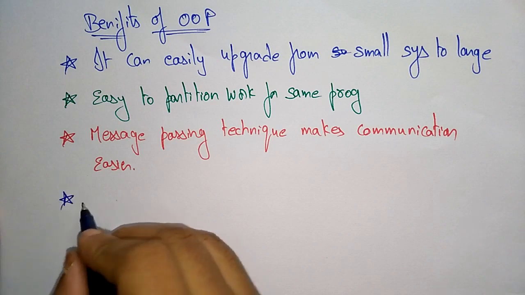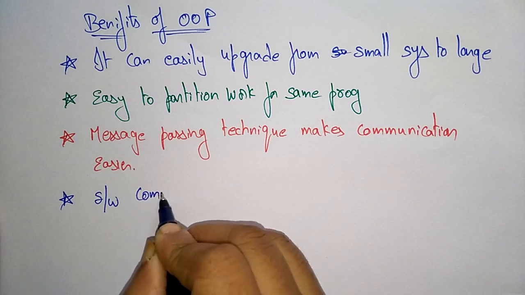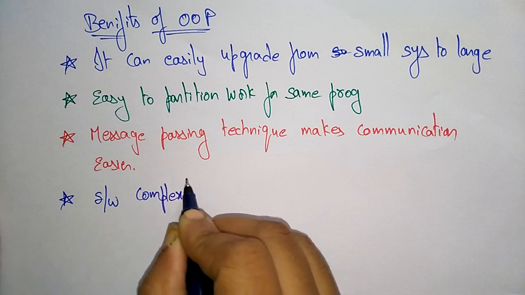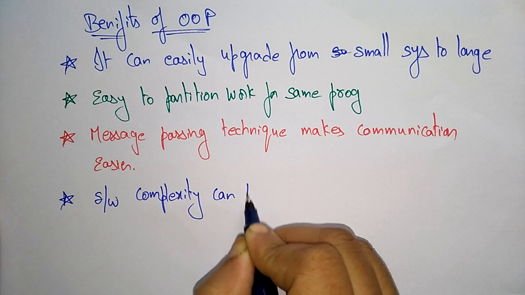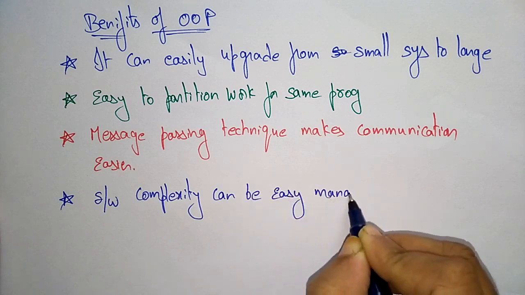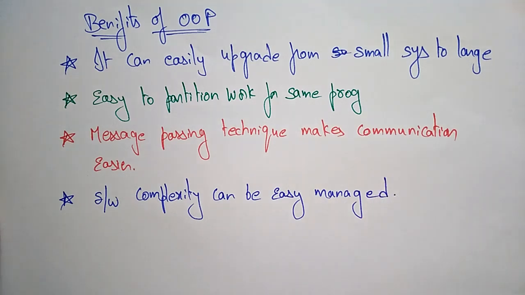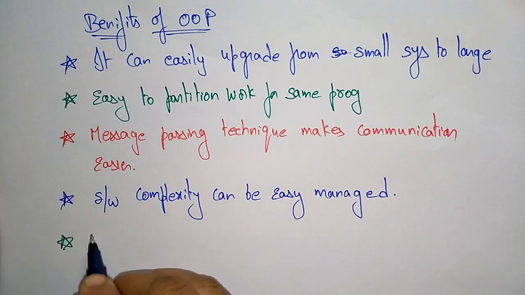Next, another benefit in OOPS is software complexity. Software complexity can be easily managed in object oriented programming. And next is the maintenance cost.